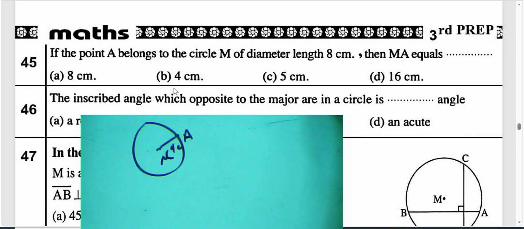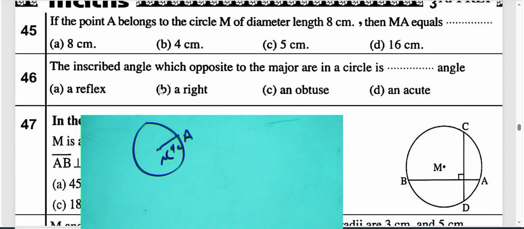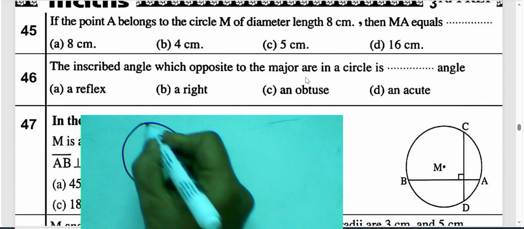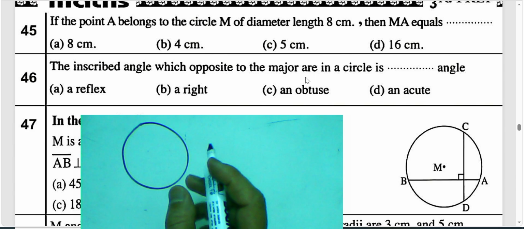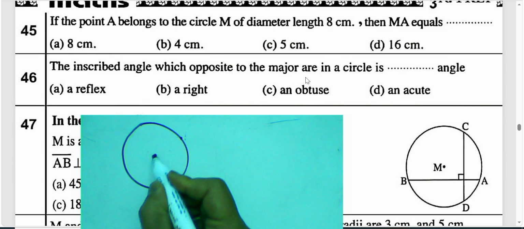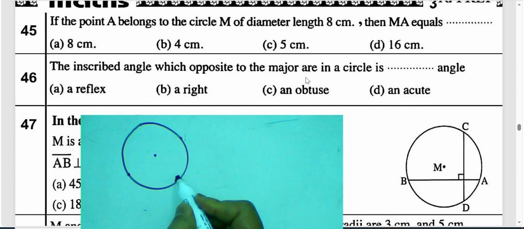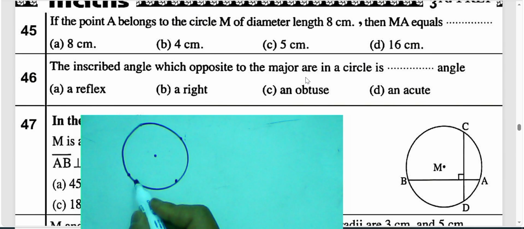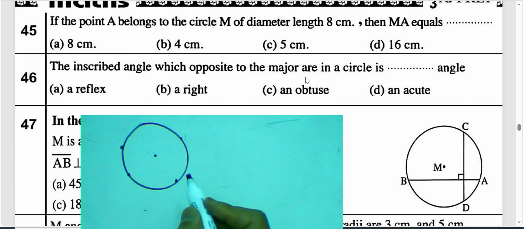Okay, next question. The angle which is opposite the measure of an arc in the circle will be obvious. We studied before the measure of an arc. The measure of an arc greater than half of the circle, like this arc here, we call it a major arc.